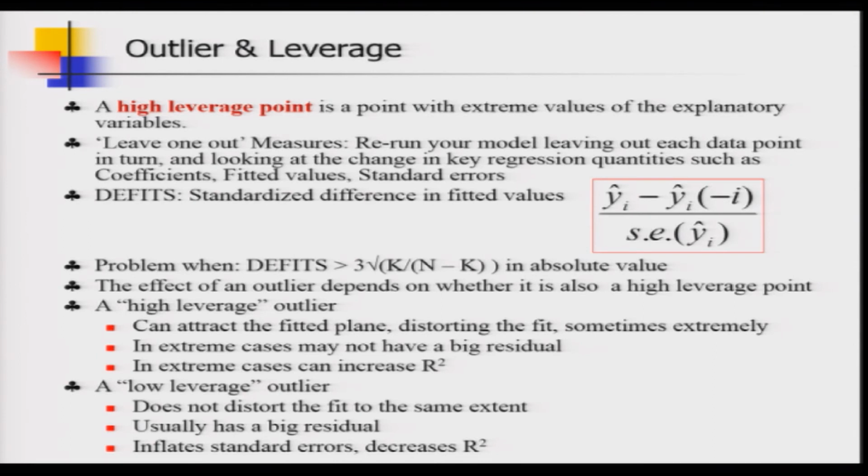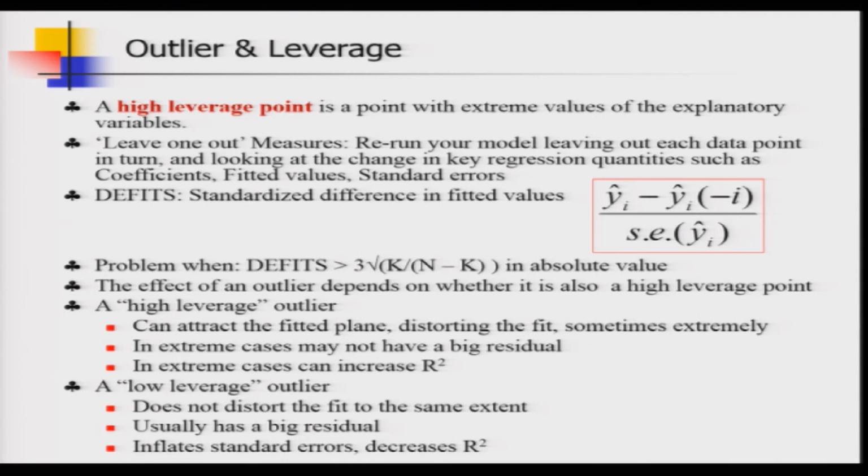In extreme cases it may not have a big residual value, but as the leverage is very high for that particular observation from the explanatory variable side, there could be a problem, and in extreme cases it can increase the R square value, but that is rarely the case. Now, what is the low leverage outlier?